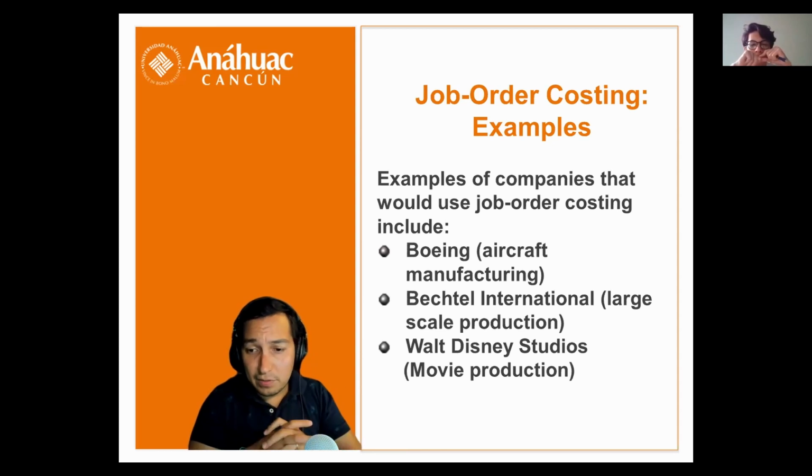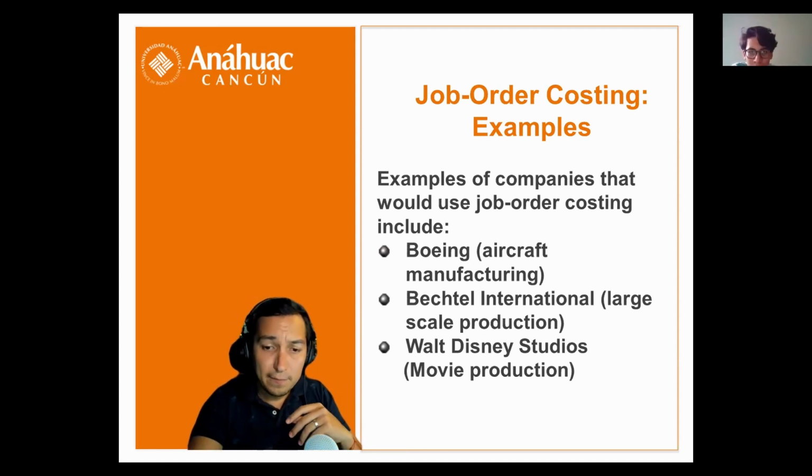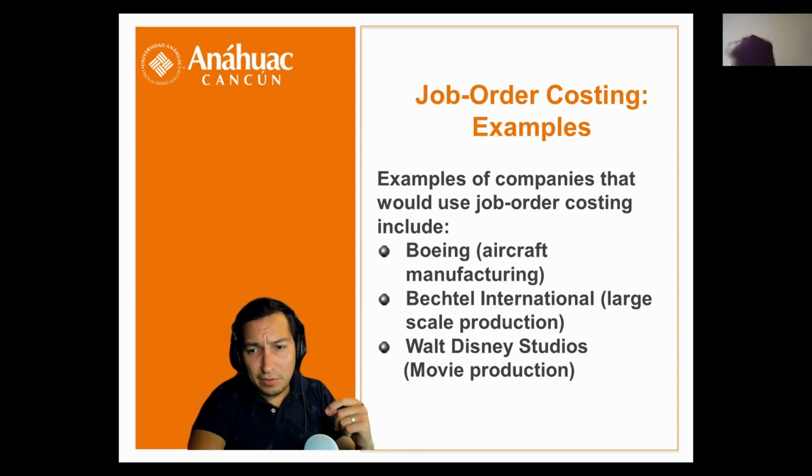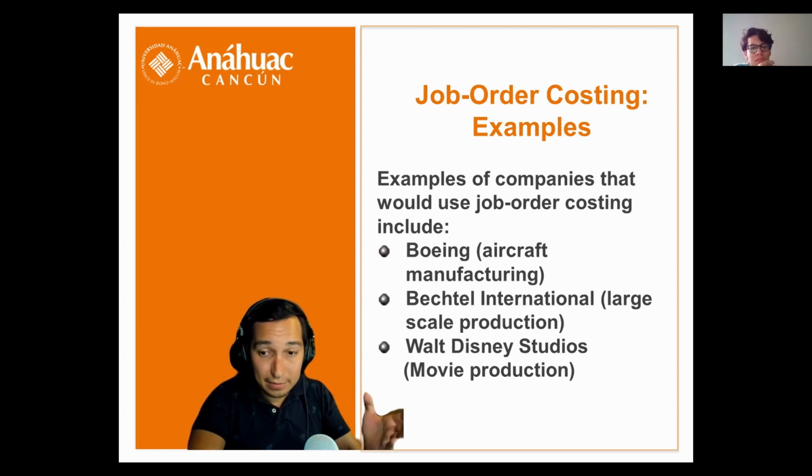And the other 2 examples I have in here, it's Bechtel International. It's dedicated to large scale constructions, and really any type of construction, whether it's large or small, it's kind of irrelevant. If we are building commercial buildings or houses, it doesn't really matter. Each of those jobs is somewhat unique, and we don't assume that they are all identical.